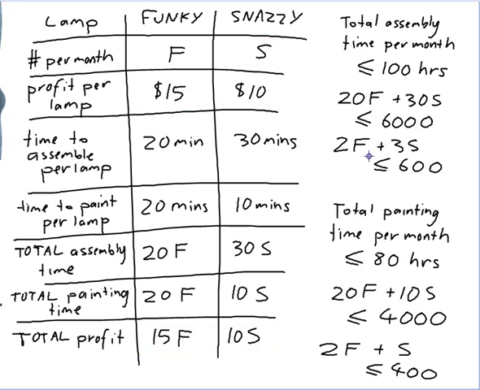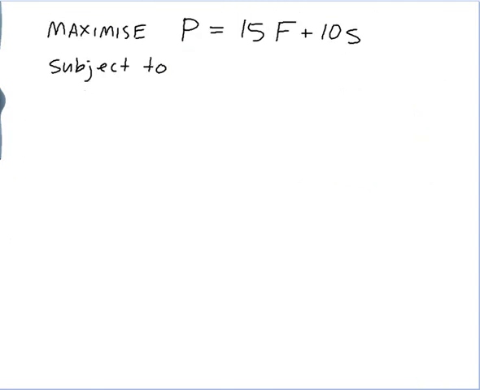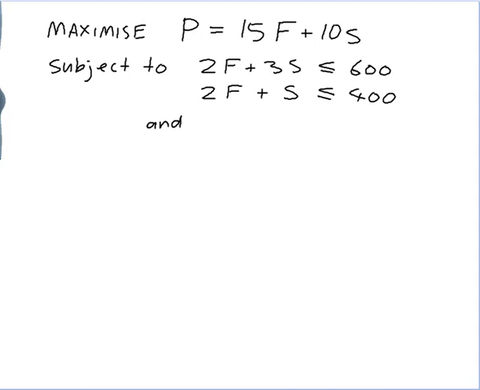My conditions are here and here. So 2F plus 3S is less than or equal to 600, and 2F plus S is less than or equal to 400, and S and F are certainly greater than or equal to 0.